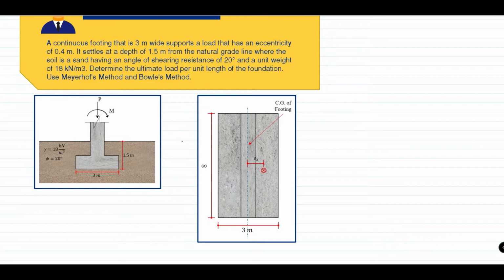And the soil natin is a sand having an angle of shearing resistance of 20 degrees at ang unit weight niya is 18. So, ang kailangan natin i-determine is yung ultimate load per unit length of the foundation. Siyempre, since this is a continuous footing, ang tendency natin is to analyze this one per meter strip kasi nga infinite yung length niya.